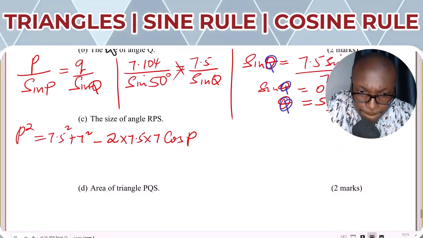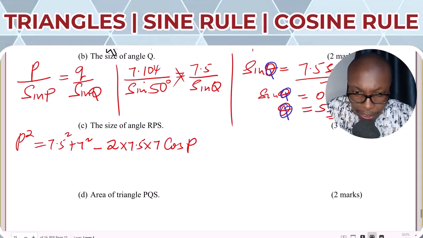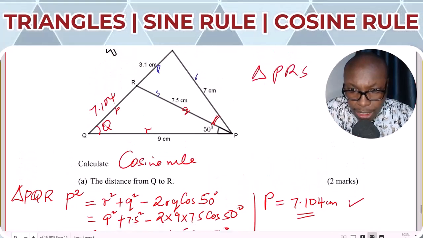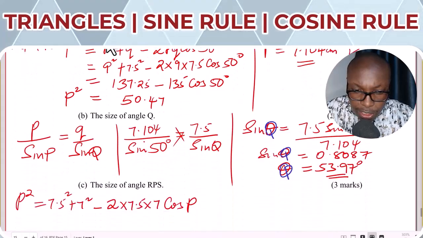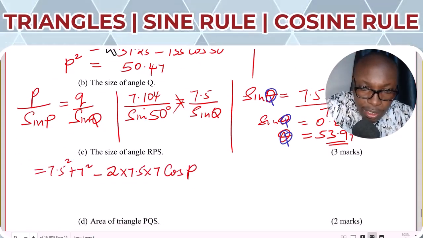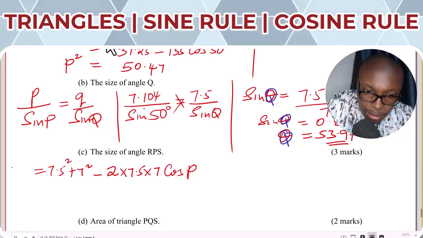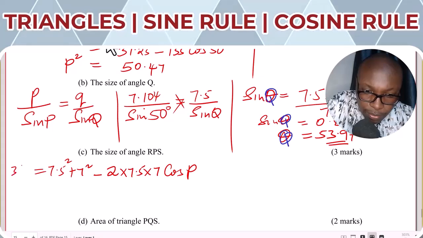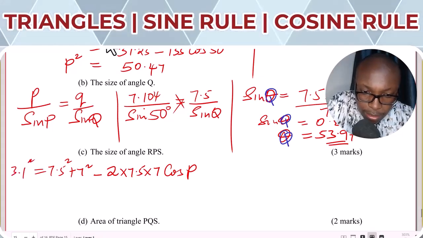So from here, you have p squared. I would simply substitute. p is 3.1, so that one is 3.1 squared. Let me substitute this with 3.1 squared so that you can do this quickly.